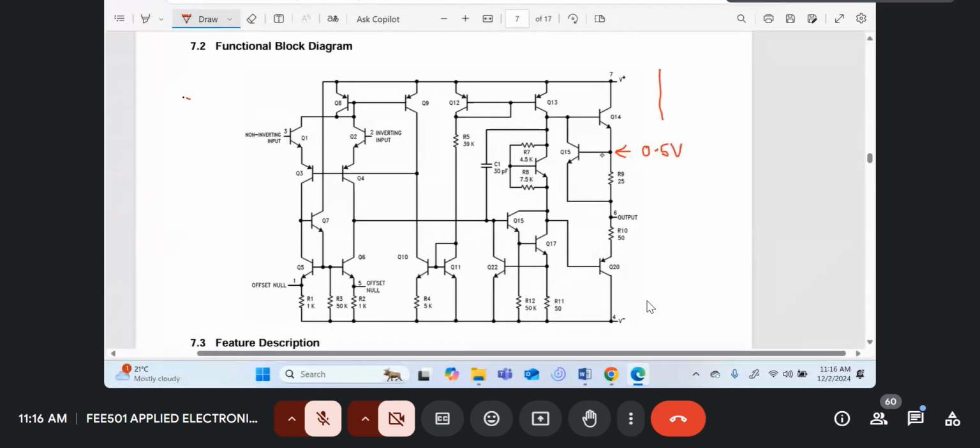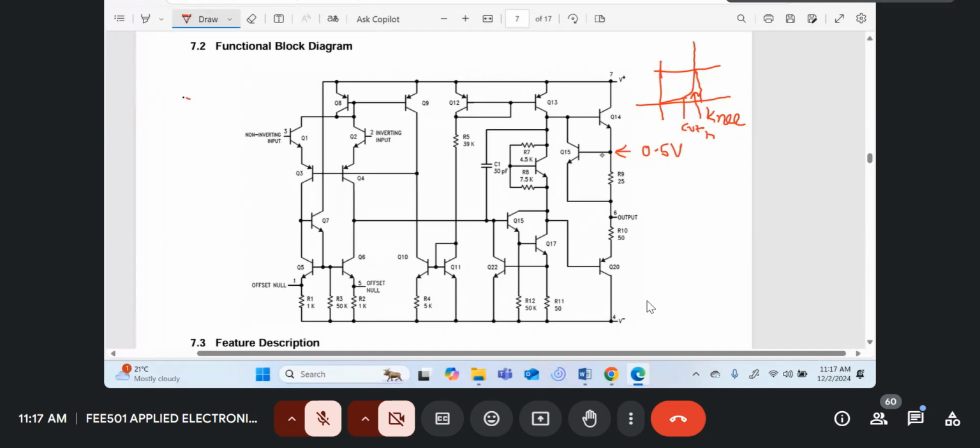If you were to draw the transfer function of a transistor, it is something like this. For most transistors, normally we'll bias the transistor maybe somewhere here, if you're designing an amplifier.